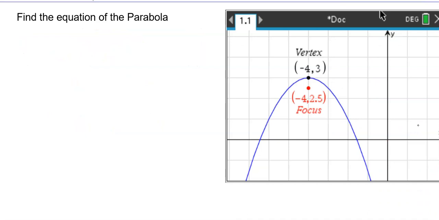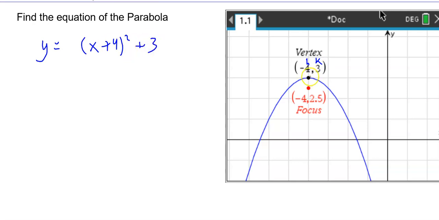This one looks to be a y equals. Definitely negative value there, so y equals, I don't know what a is yet, so I'll leave a little blank there. x minus h. Let's see, h and k would be h and k, so plus 4 squared plus 3.